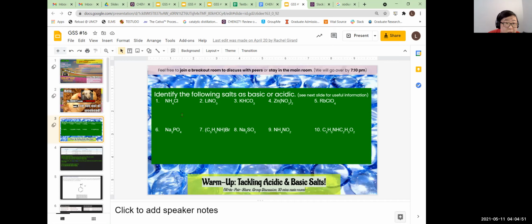Whichever one is strong, whether acid or base, that dominates. If they're both strong, then it's neutral. And if they're both weak, you need to look at the Ka and Kb values, and whichever one is bigger, that dominates. That's how you tackle these.